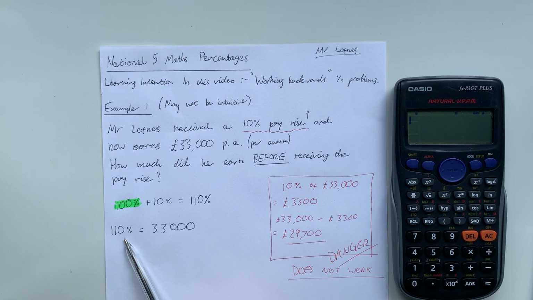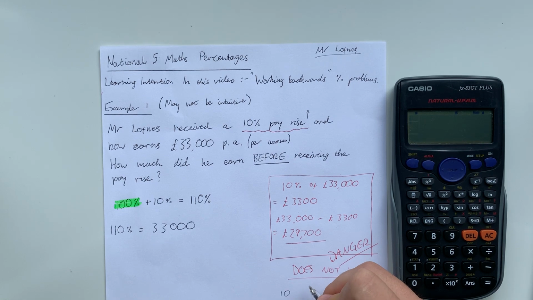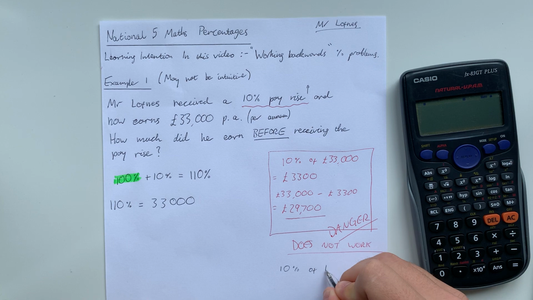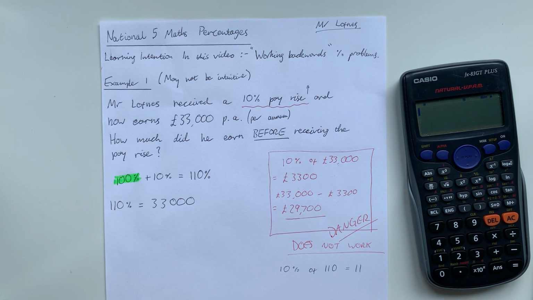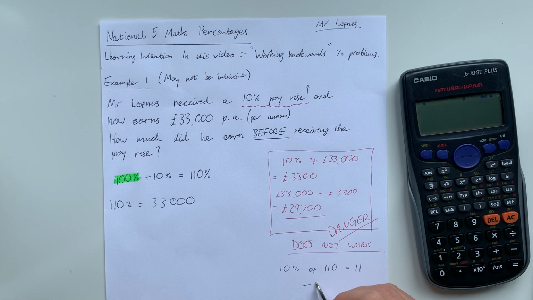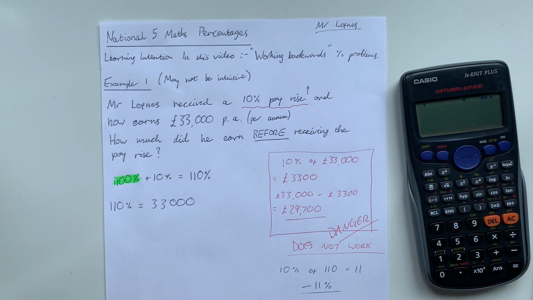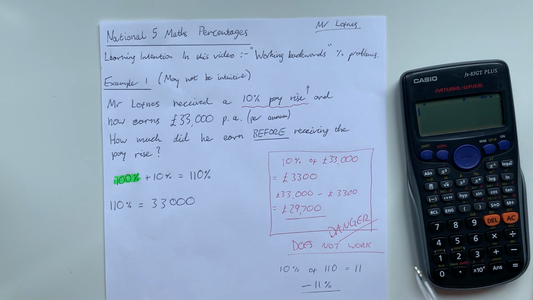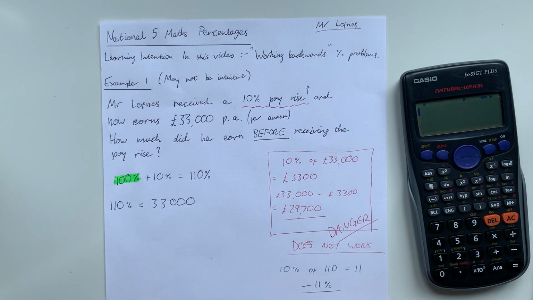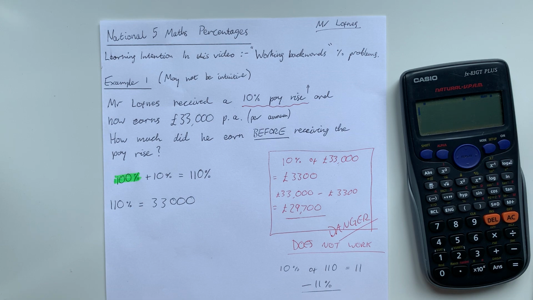Now, that might seem a little bit confusing, but if you find 10% of 110, that's not 10. 10% of 110 is 11. So if you take 10% away from this, you're actually essentially subtracting 11% from it, which is why we got that number of 32,670, because we've taken away too much. So we need a cleverer way of doing things.